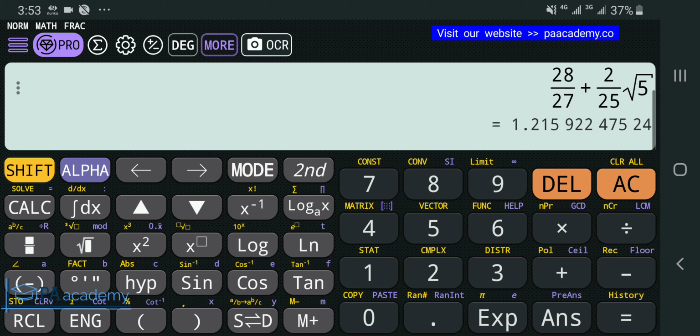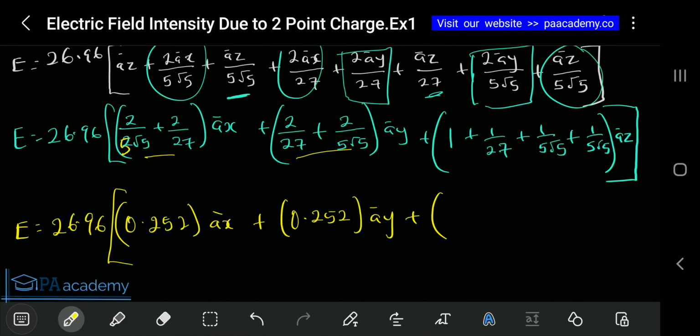Okay, that's giving us 1.215 AZ. All right.